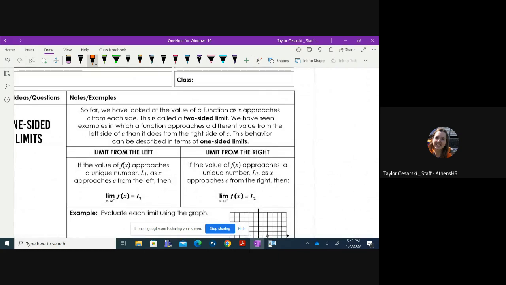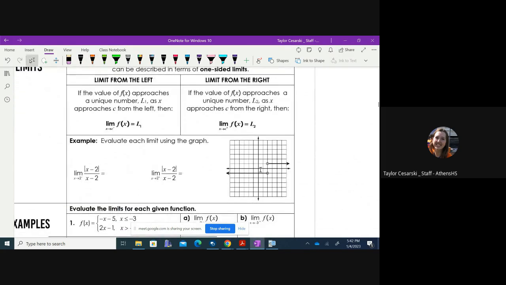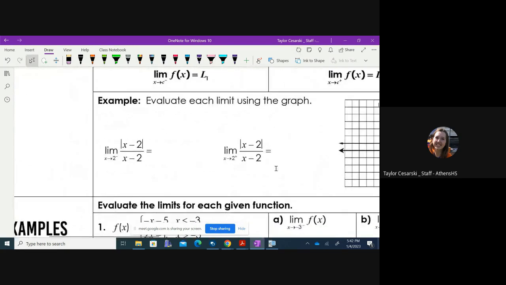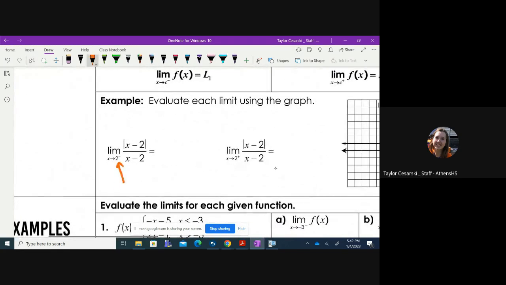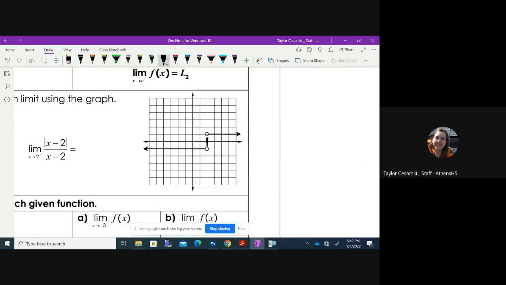Sometimes, even when the limit does not exist, I can still describe what's happening on the left side and what's happening on the right side.